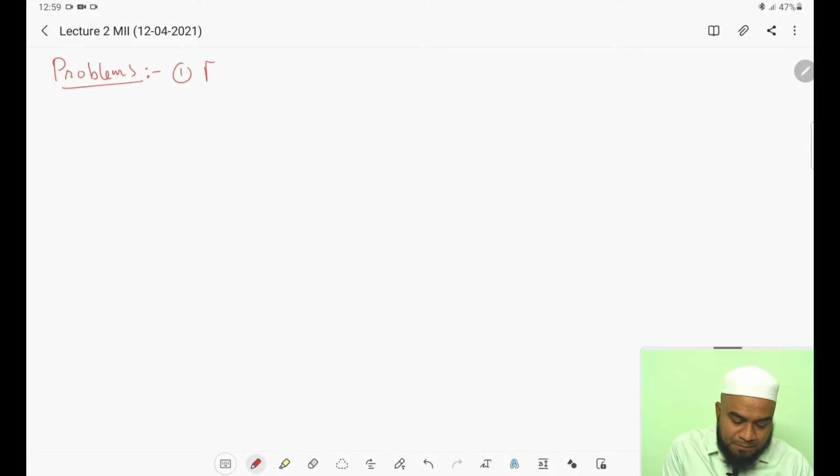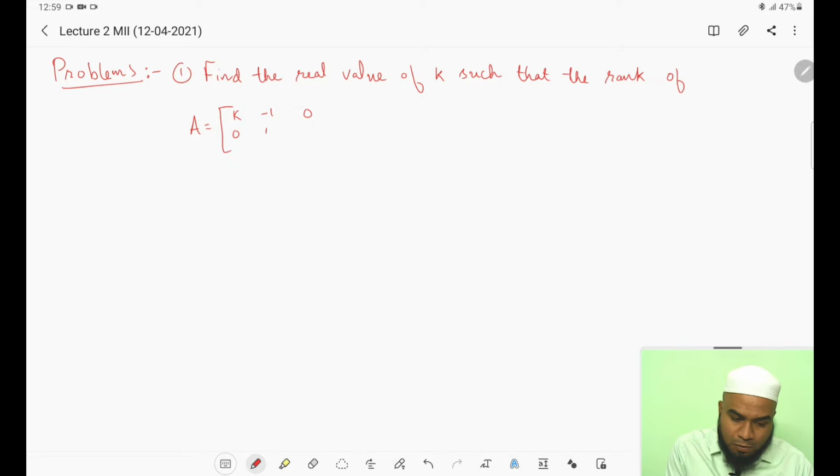Find the real value of k such that the rank of the matrix A is given, where the entries are k, minus 1, 0; 0, k, minus 1; minus 1, 0, k.